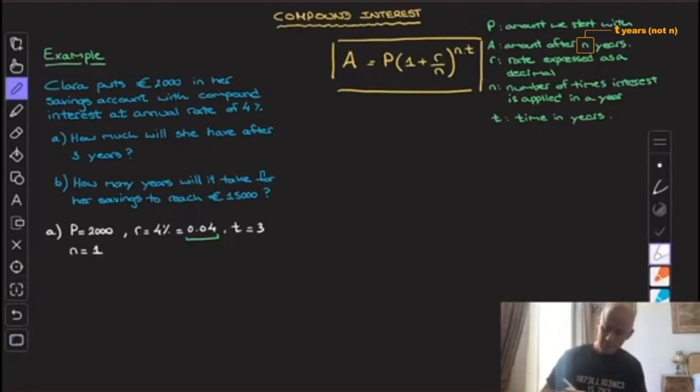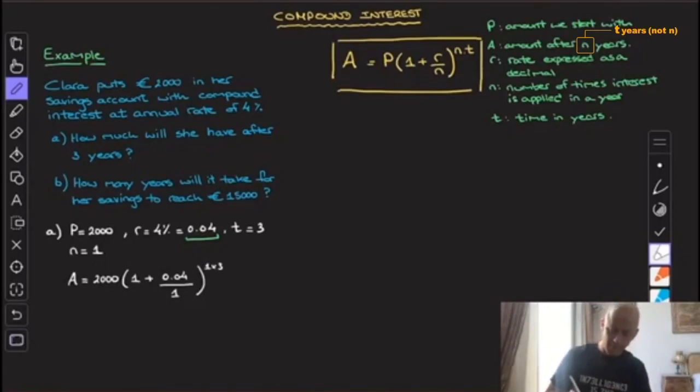So we can say, all right, well, the amount Clara will have after 3 years will be A, which is going to equal 2,000, times, in parentheses, 1 plus R. Remember, R is expressed as a decimal, so it's 0.04 over N, which is 1, and all of that is raised to the power of N times T. So that's going to be 1 times 3.